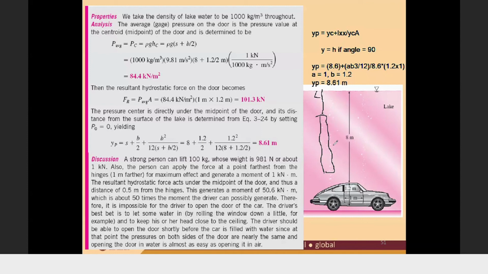Okay, the door is like this, so the angle is 90 degrees. If the door is like this, let's say from the front, then it is not 90 degrees. Let's say this is 60 degrees. So for this case, y is not equal to h, right?